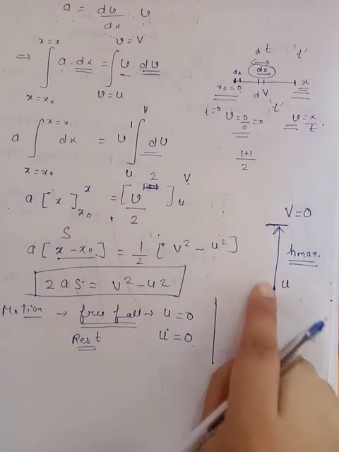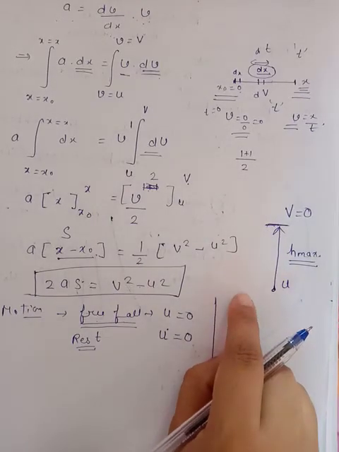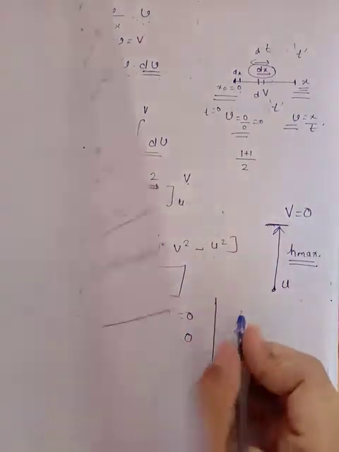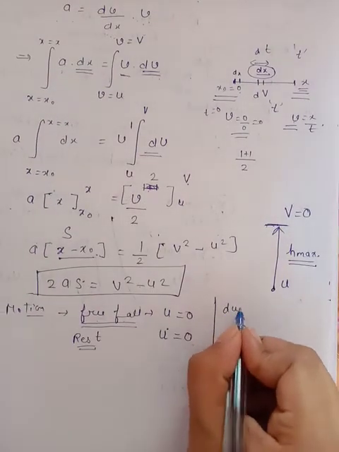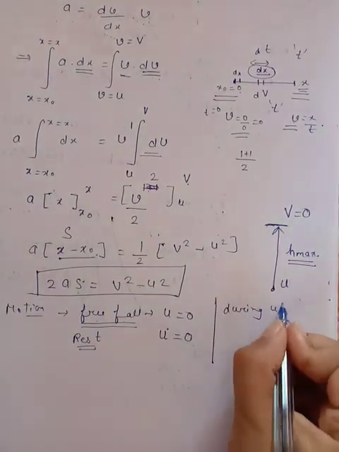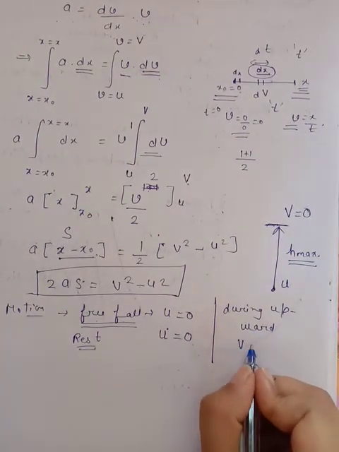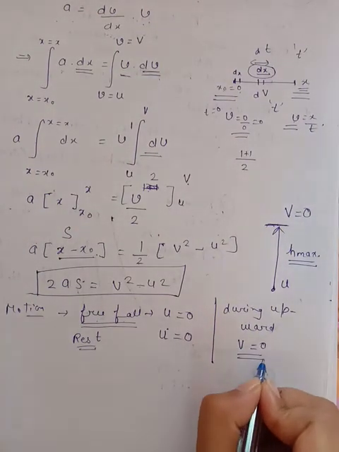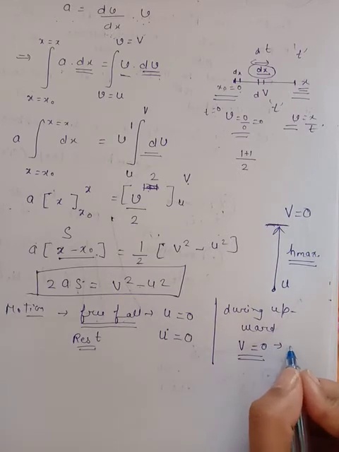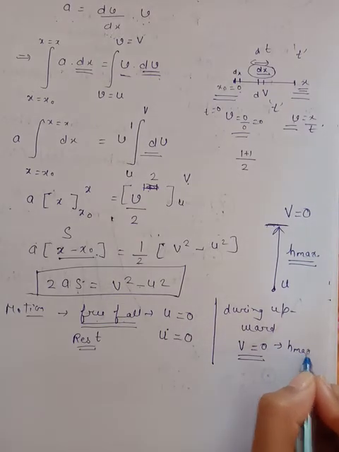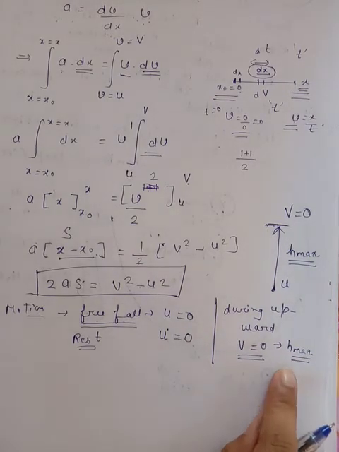Whenever we throw a ball or any object or body vertically upward, then during the upward throw, the final velocity of the object is equal to 0. When is it 0? When it attains the maximum height or maximum vertical displacement.